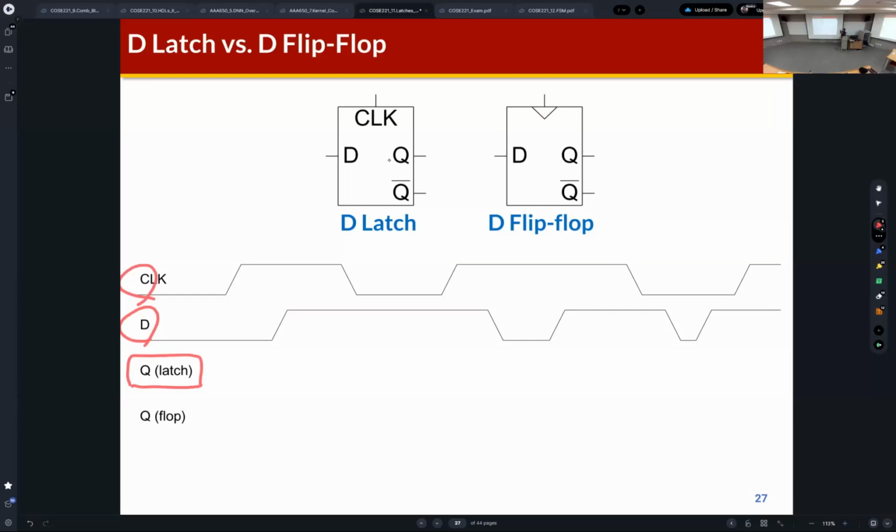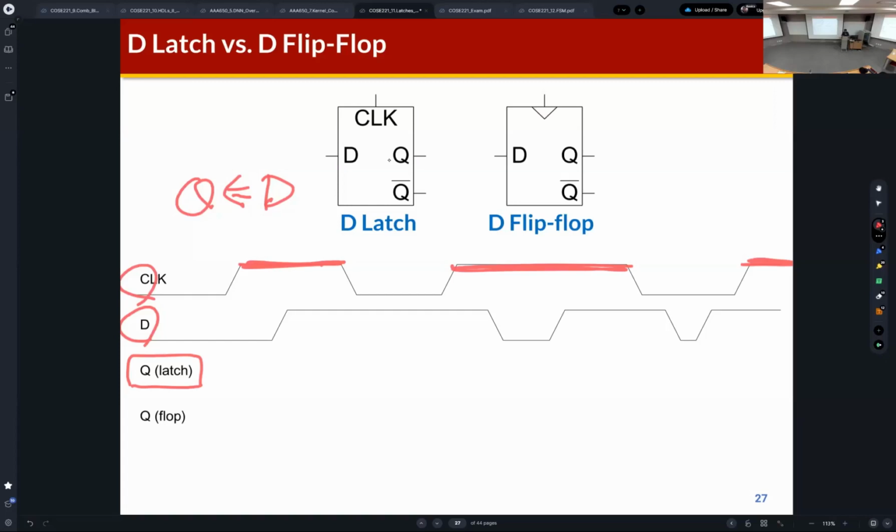In the latch, the output Q is equivalent to D while the clock is 1. It means the latch becomes transparent if the clock signal is 1.